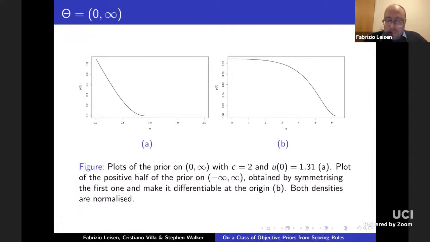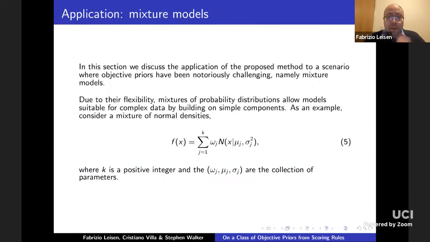So a nice property of our class of priors is that you can obtain priors that are proper, and this is a good property because there are scenarios where objective priors are notoriously challenging. For instance, in mixture models, but also, for instance, when we compute Bayes factors in model comparison.